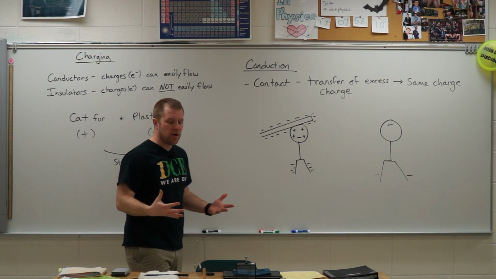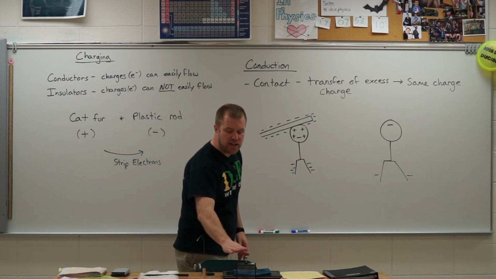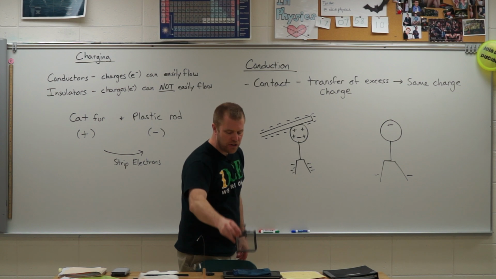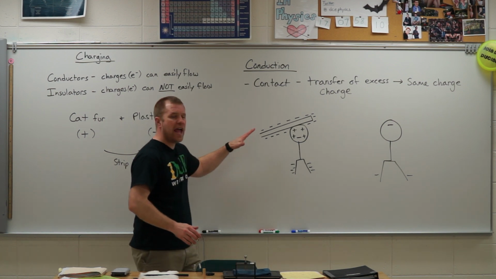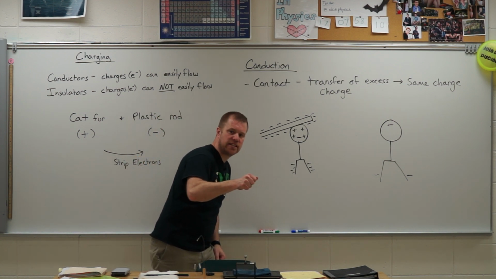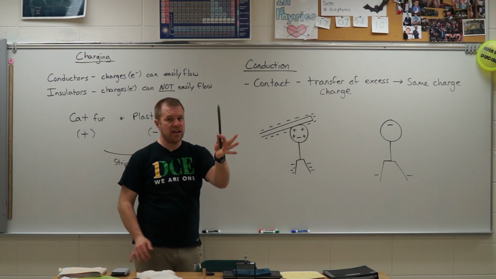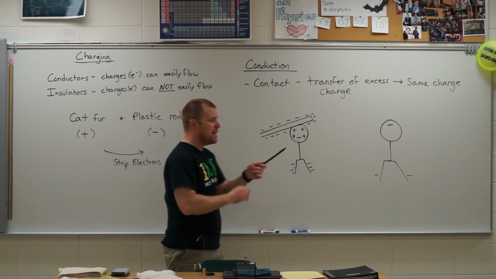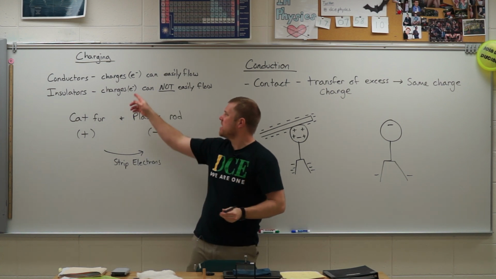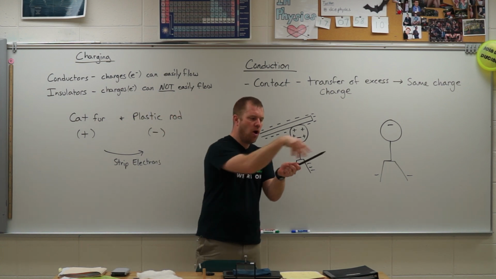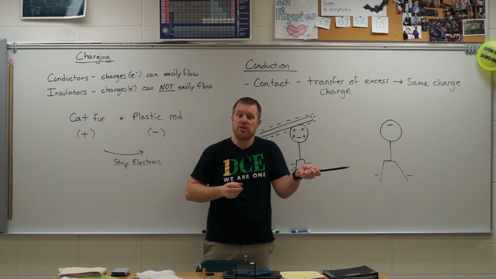So the example we're going to look at is that electroscope again that we polarized earlier, and we're going to go ahead and touch it with the negatively charged rod. Now this negatively charged rod is an insulator, meaning all of the charge is stuck on the outside. It cannot easily flow off, like into my hand as a grounded source.